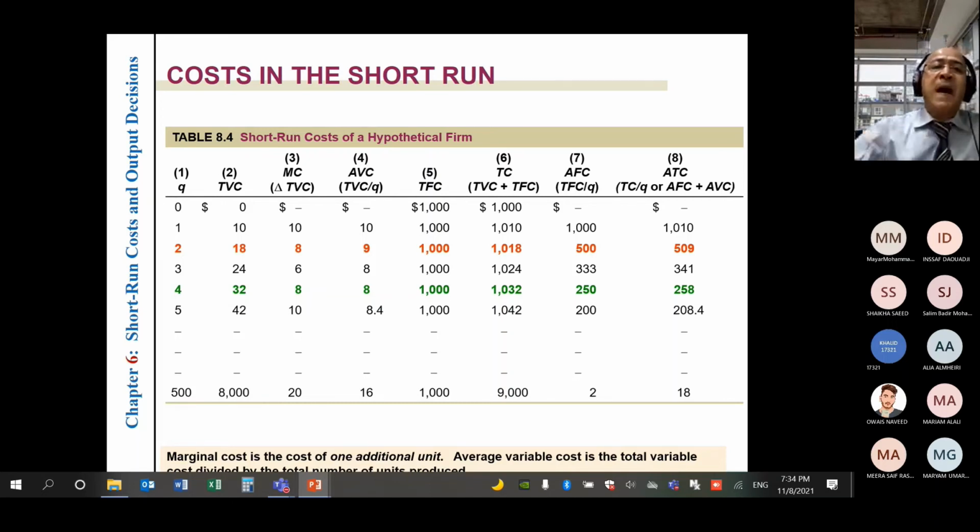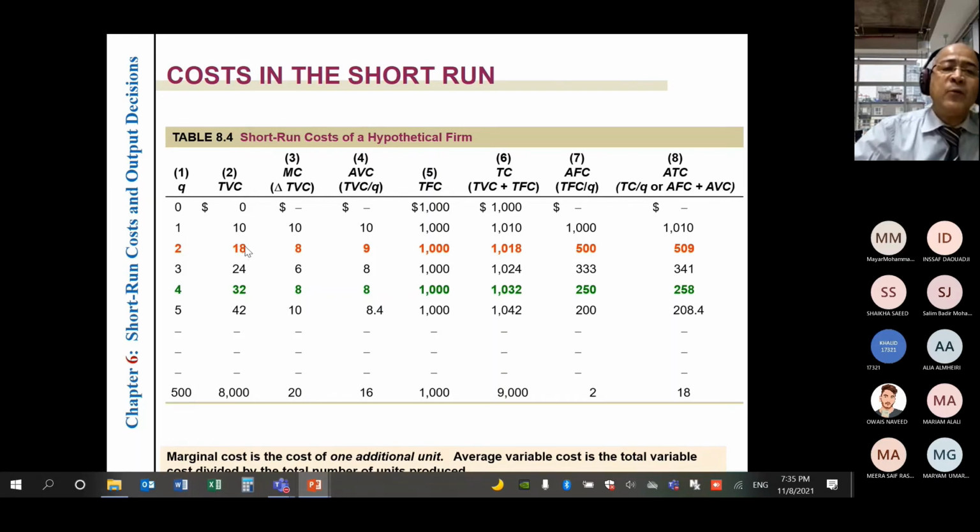So total variable cost, consider it as wages. What is marginal cost? Marginal cost is the change in total variable cost due to a change in output by 1 unit. For example, look at the number in red, and I explained this example before. Total variable cost increased from 10 to 18 due to an increase in output from 1 to 2.